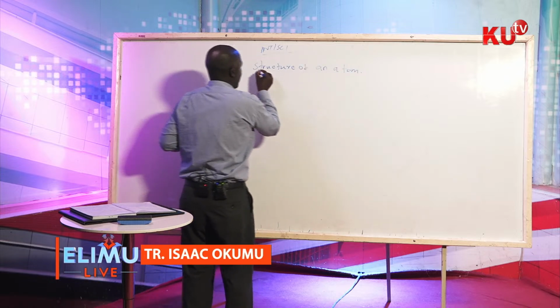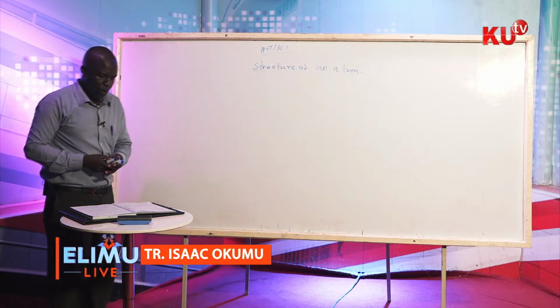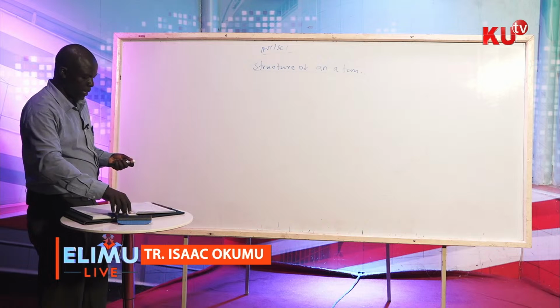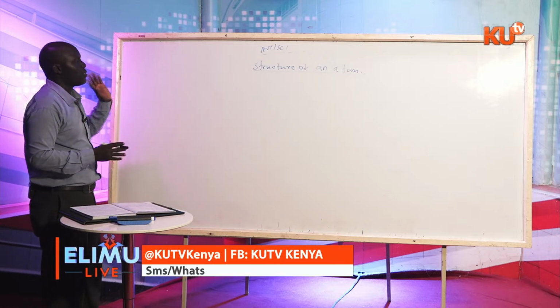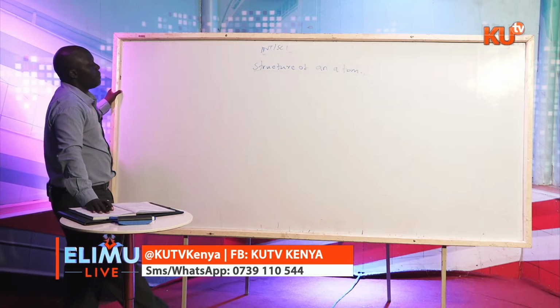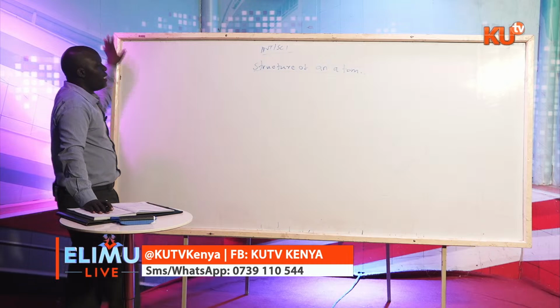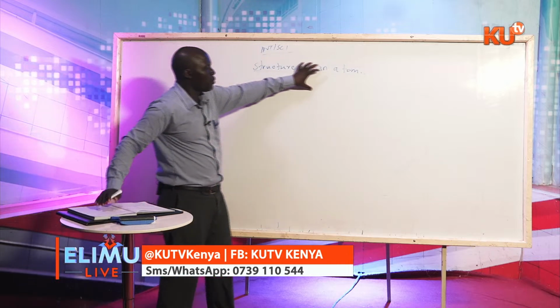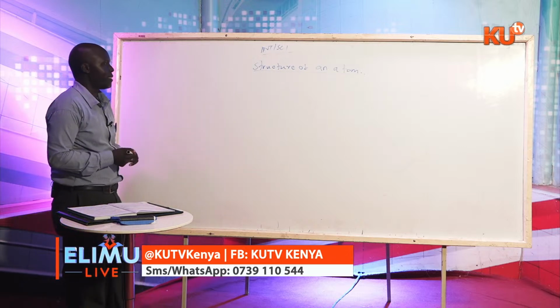The structure of an atom. By definition, we already know the meaning of an atom. We have said that an atom is the basic building block of an element. Once we know what an atom is, we can look at this atom in detail.